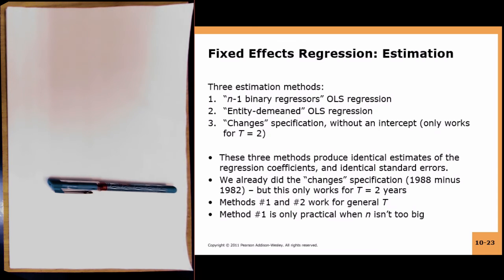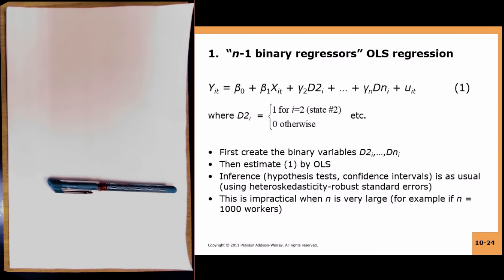To include a dummy variable for each entity, you would have to include 999 dummy variables. That would be a very awkward looking equation, and it would be silly to do that. So in that case, you do the entity demeaned OLS regression, and we will discuss how that goes.